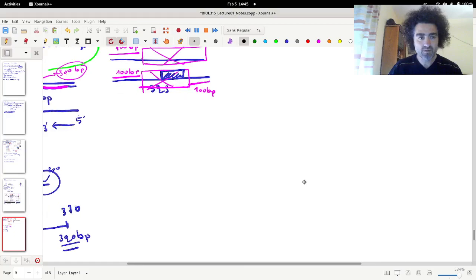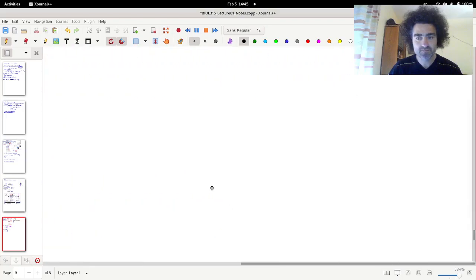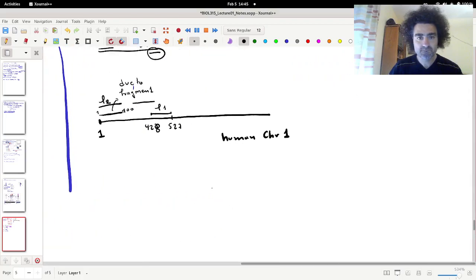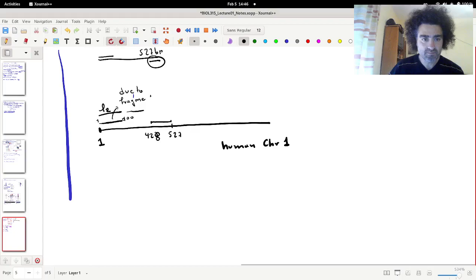If I remember well, fragment 2 was 300 base pairs, so we read also this piece of DNA from position 200 to 300.